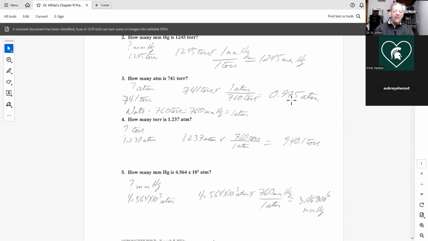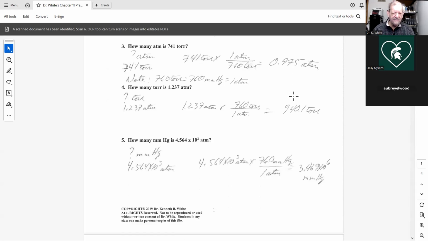Now, let's look at number 4. How many torr is 1.237 atmospheres? We're trying to find torr. We're given atmospheres. We're trying to get to torr. Using unit analysis, torr goes on top, what we're trying to get to, and atmospheres goes underneath.